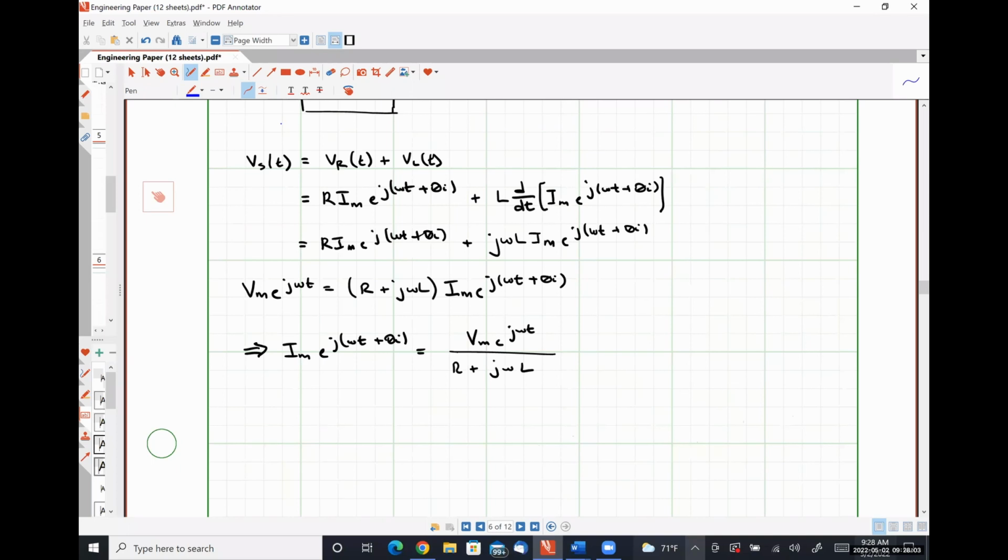What's our magnitude? Which is 8 volts, right? What's our phase angle? R was 10. What's omega times L? I would like for you guys to type that into your calculator and tell me what result you get in polar form.